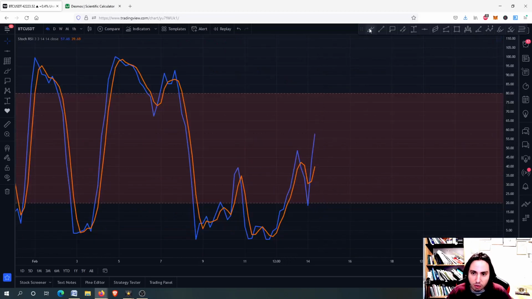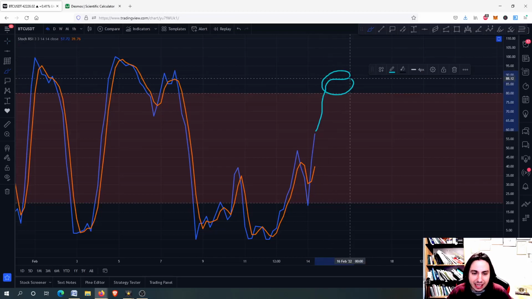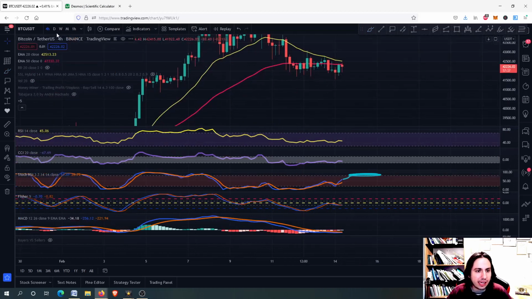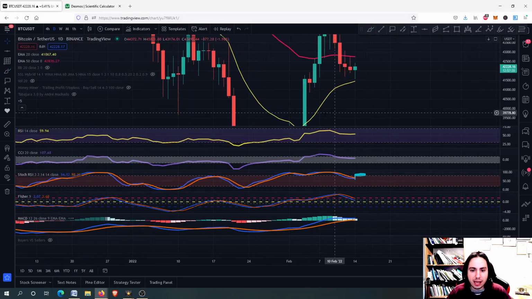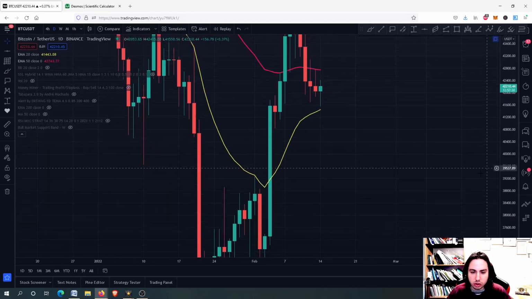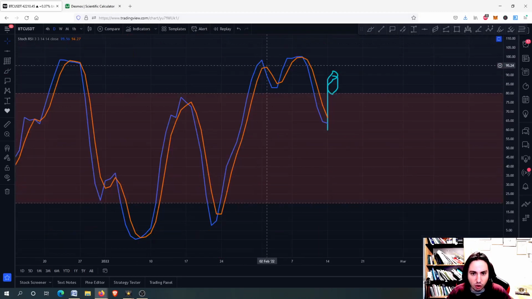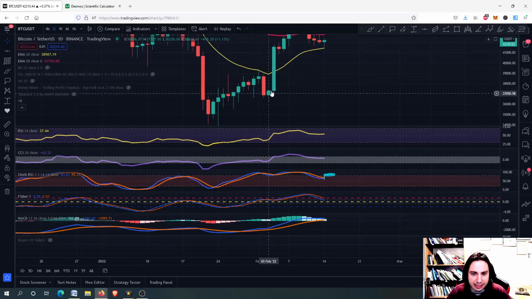Whenever you are seeing an overbought situation on the stochastic RSI but the price does not drop, then this is a perfect time to probably enter. Okay, so when you go to the daily frame and you see that, it is a perfect time. Back then, for example, you can see that despite the fact that we had an overbought here, we were going down and then we formed a green candlestick.